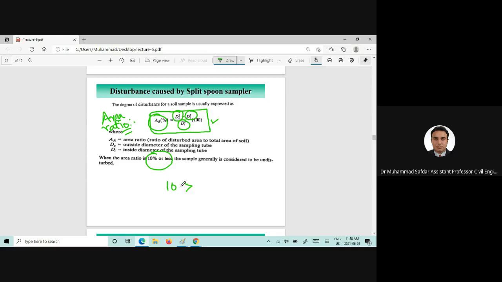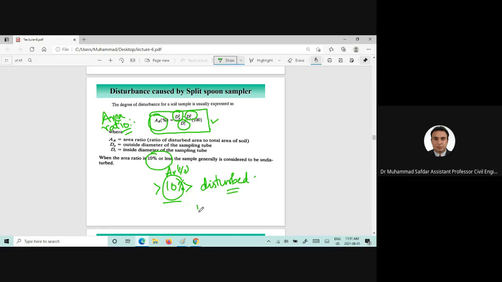So greater than 10%, if the AR percentage is 10%, for example, if it's greater than 10%, then the sample which is collected would be the disturbed one, okay?